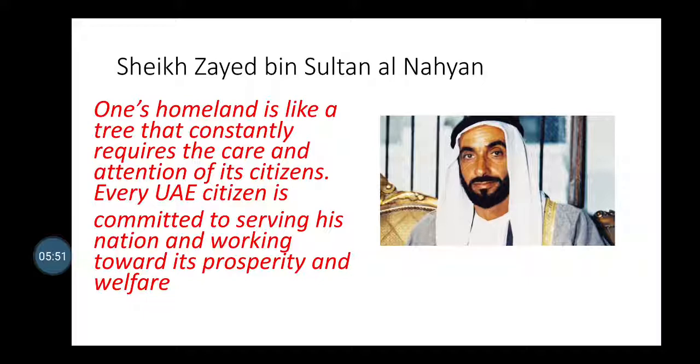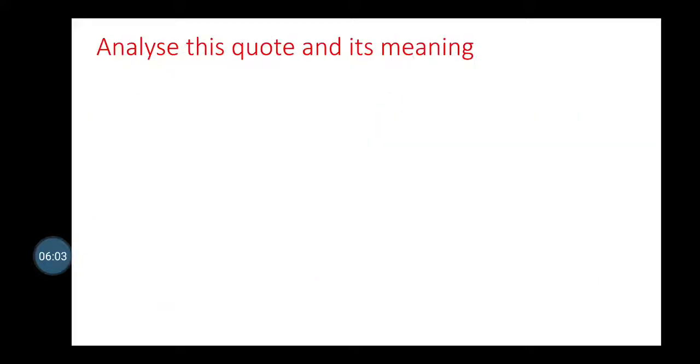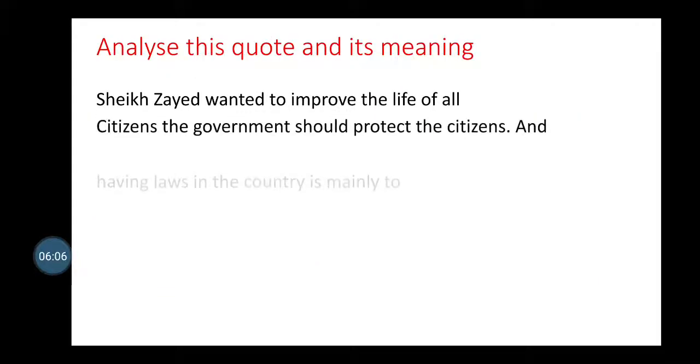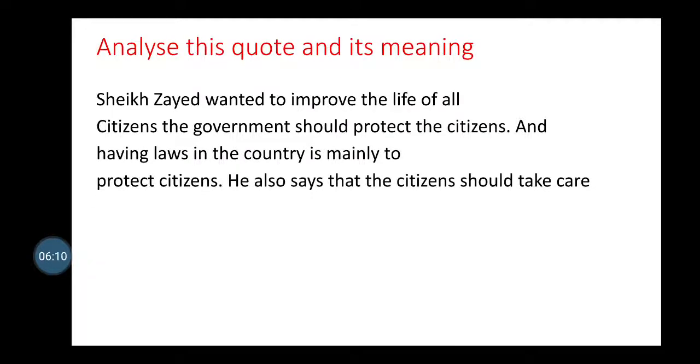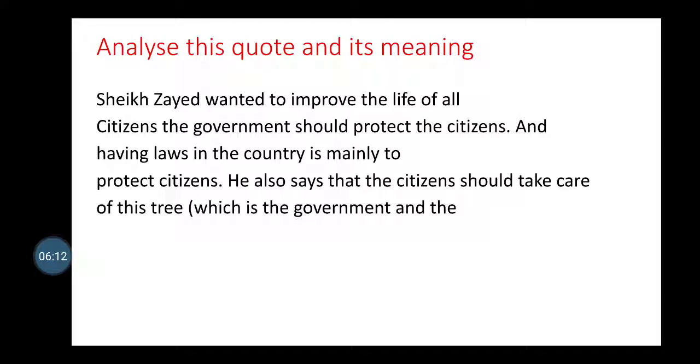Every UAE citizen is committed to serving his nation and working toward its prosperity and welfare. If you consider this quote very carefully, you will discover that Sheikh Zayed wanted to improve the life of all the citizens, and the government should protect the citizens. And having laws in the country is mainly to protect the citizens.